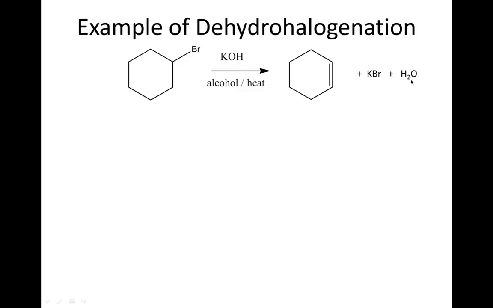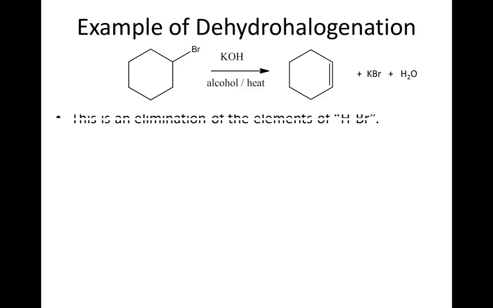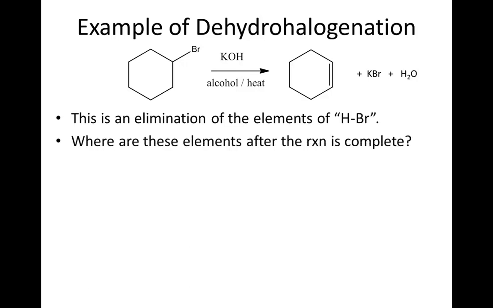And our side products, or the other things that come out of here, are KBr and water. Now, because we're organic chemists, we don't really care so much about those things, except to just know that they're there so we can get rid of them if we're having to purify this molecule. So this is called an elimination reaction, and we remove the elements of HBr. And so you notice that we don't make a molecule of HBr.